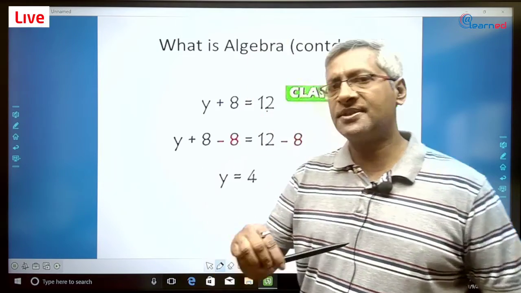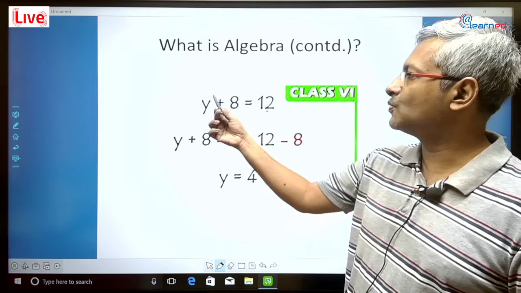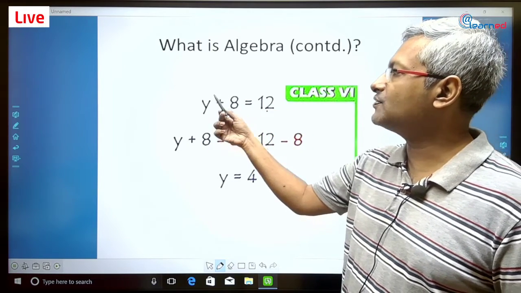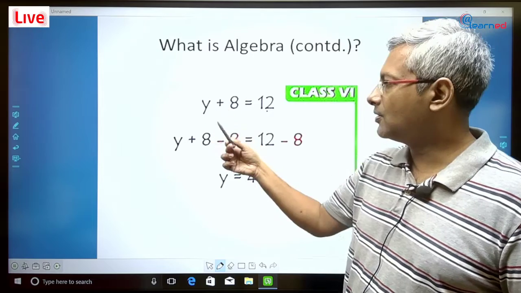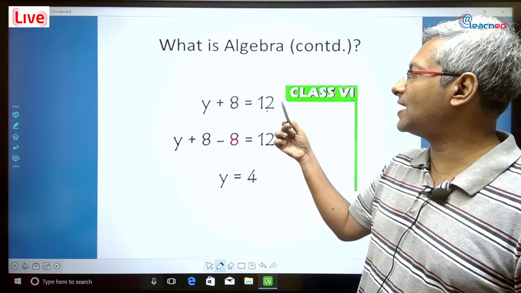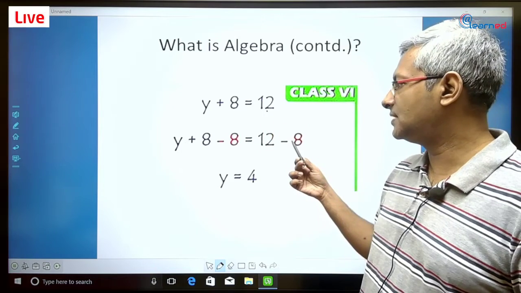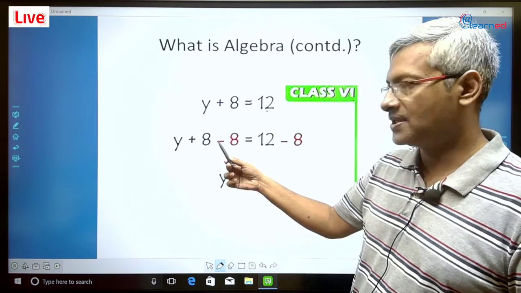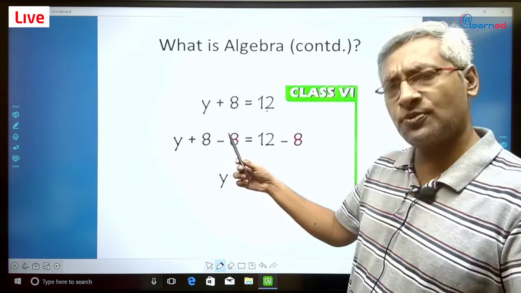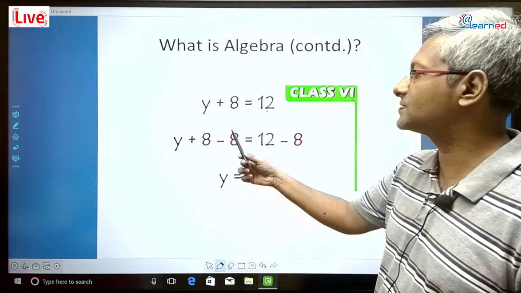But in terms of algebra, when we write this, we'll write it in this form, this equation. And when we are trying to find out the value of y, we do this kind of an operation. Since we have to minus 8 from 12 over here, we do the same thing over here, because left and right hand side have to be balanced in an equation. So we'll come to that later, but just try to understand.